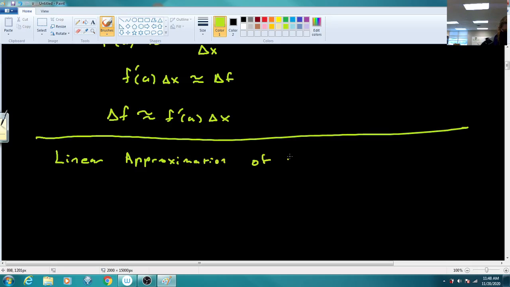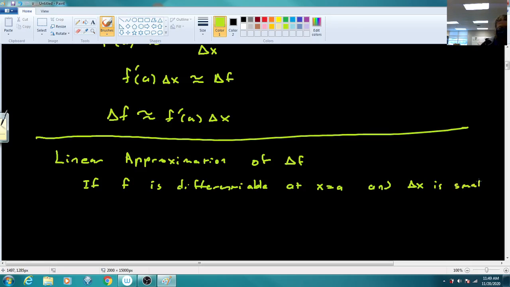of delta f. So we say if f is differentiable at x equal a and delta x is small, then we get the following statement, and it's going to be our formula right here.